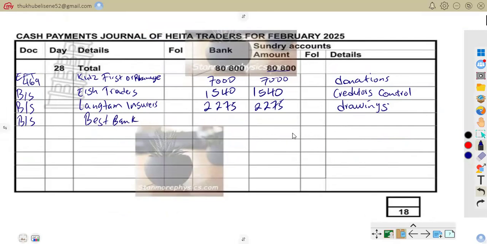So we are going to have 510. Let me write it under sundry accounts. That is 510, which we know is for bank charges.